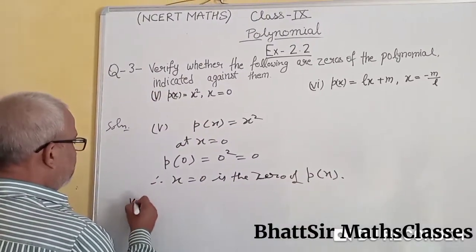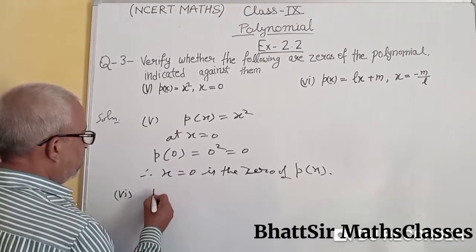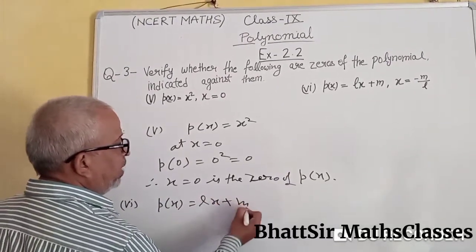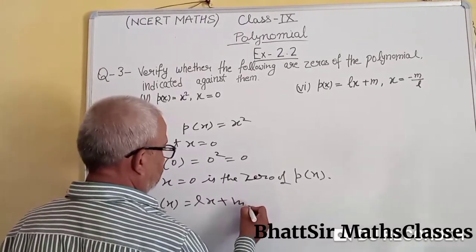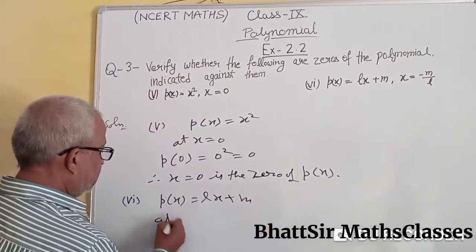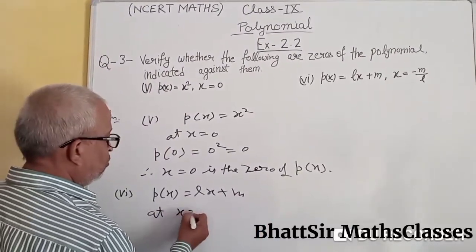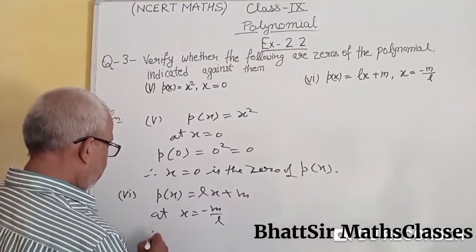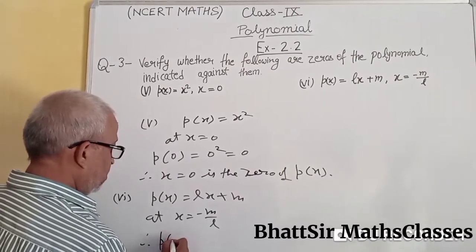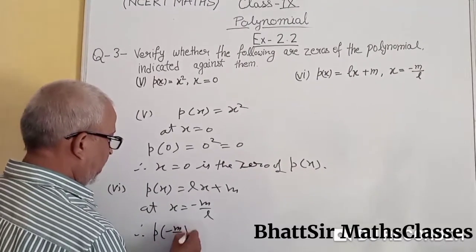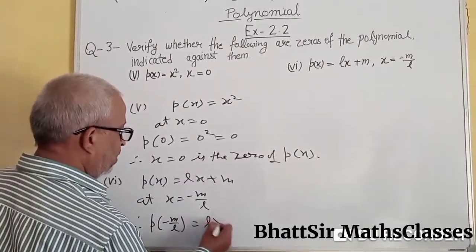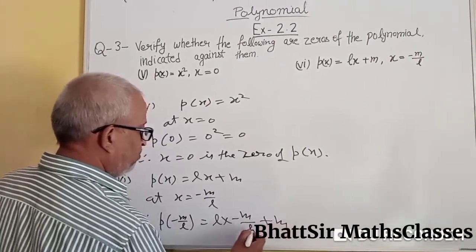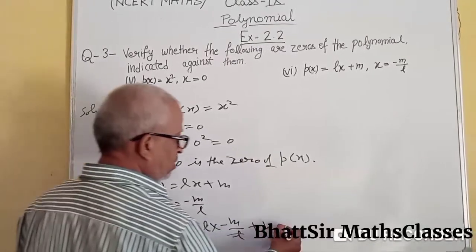Now attending the sixth part, P(x) equal to lx plus m at x equal to minus m upon l. Therefore, P(minus m upon l) equal to l into minus m upon l plus m. l cancels out.